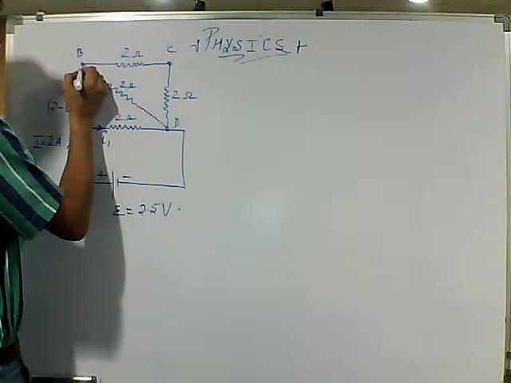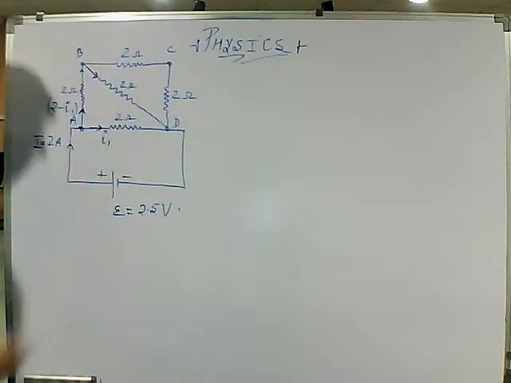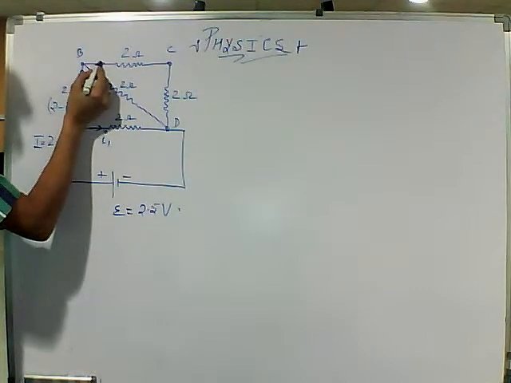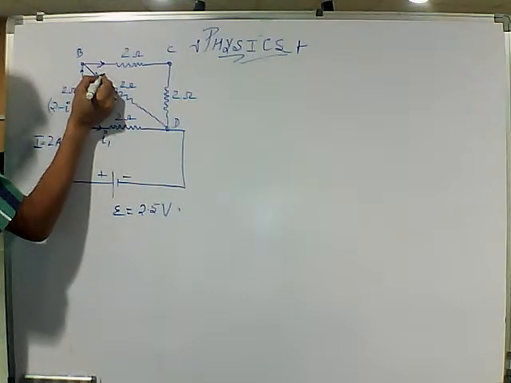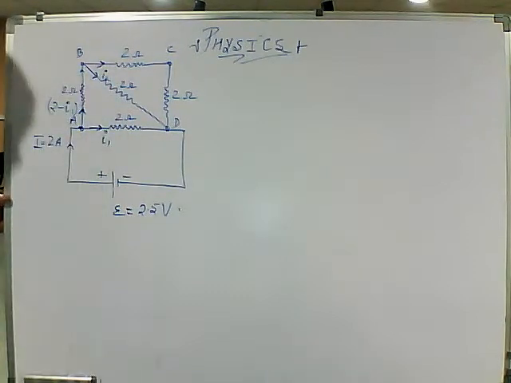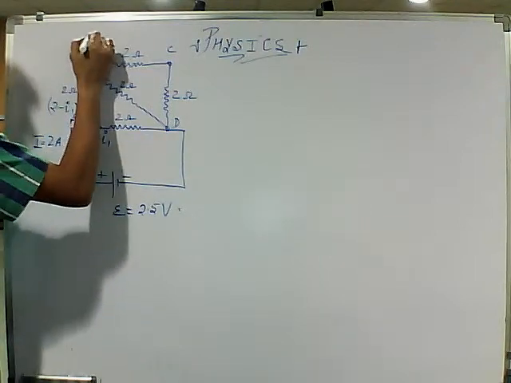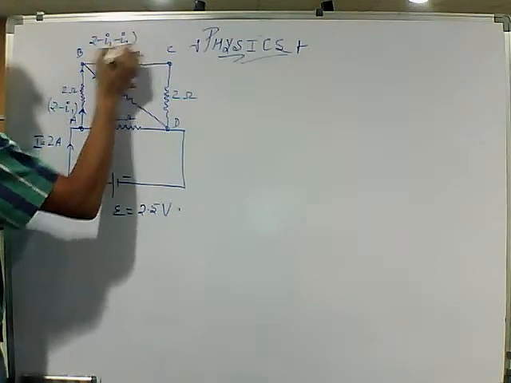Now 2 minus I1 goes over here, and again it breaks into 2 parts. It will be breaking over here as well as over here. Okay, so let us take the current over here as I2. So what will be here? Here it will be 2 minus I1 minus I2.